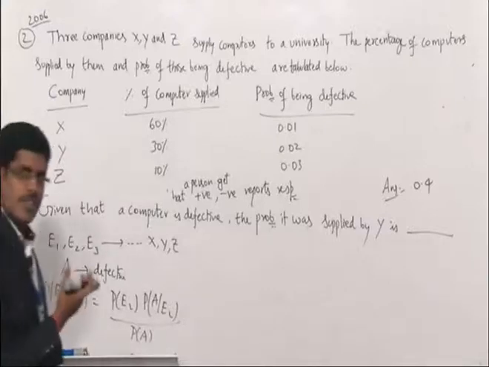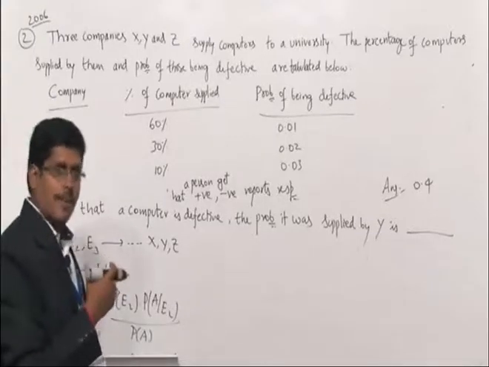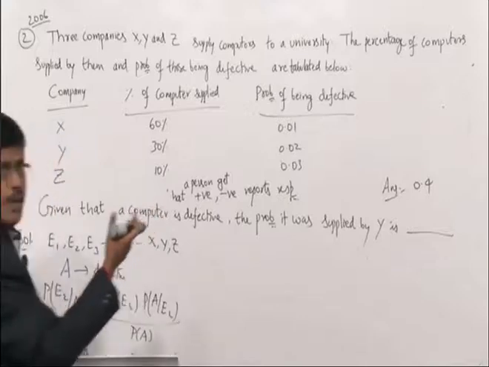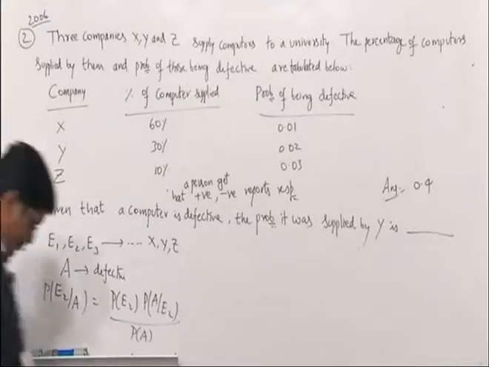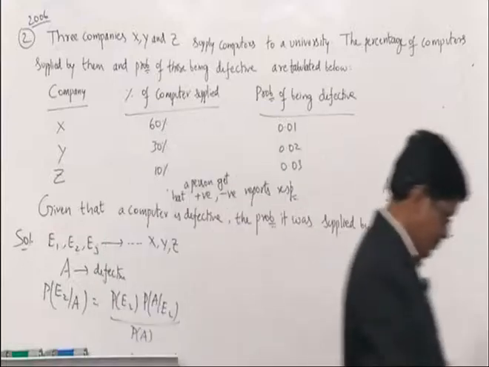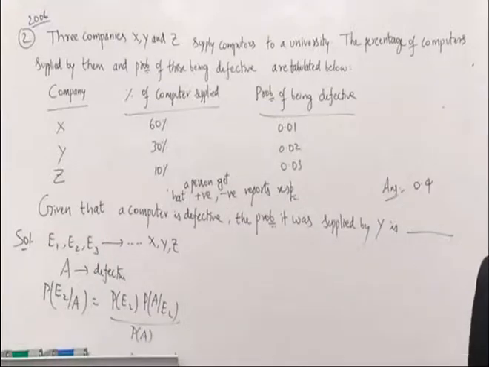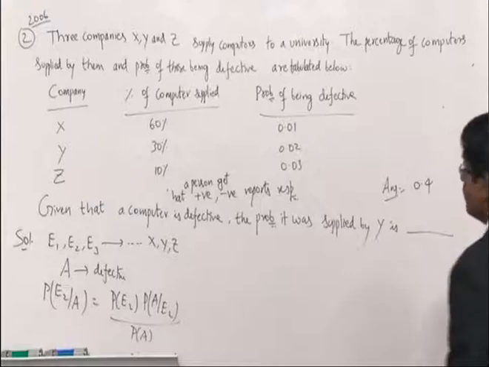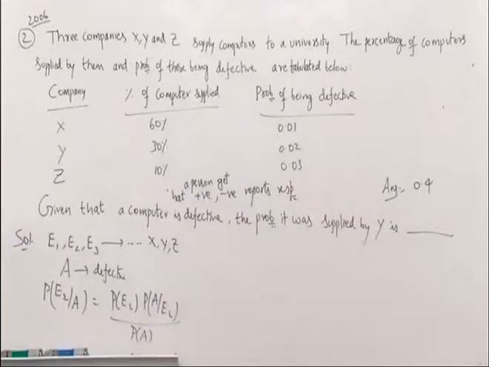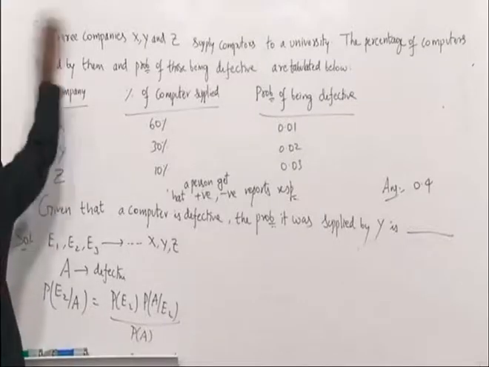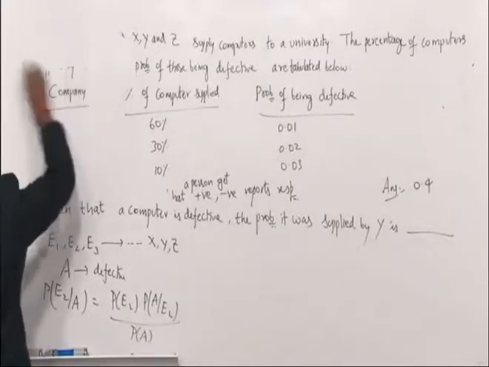The probability that the defective computer is supplied by Y. Going back to reciprocal, that is called Bayes theorem, P of E2 given A. This is Bayes theorem only.